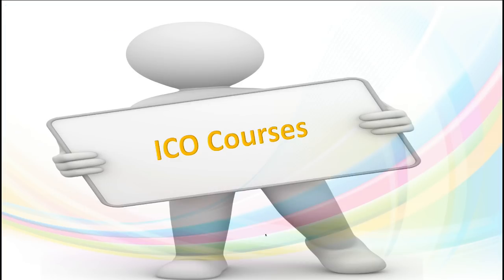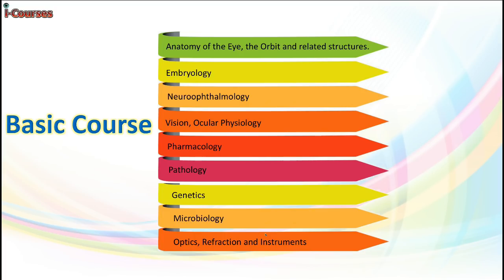For our course, we provide 2 ICO courses. The first one, which is the Basic Sciences course, for all branches that is tested in the exam. We have Anatomy of the Eye and the Orbit and related structures. It will be for 4 lectures. The Embryology for 1 lecture. Neuroophthalmology for another lecture.